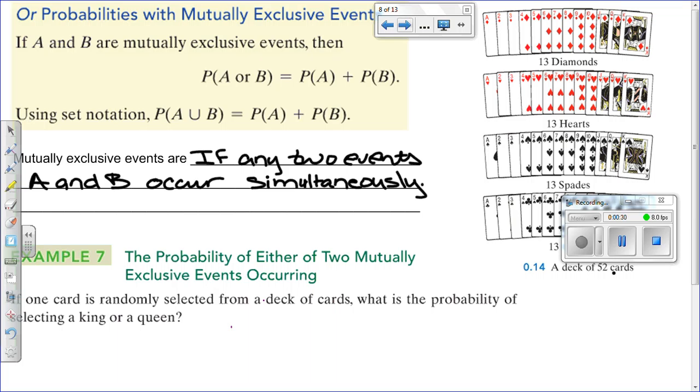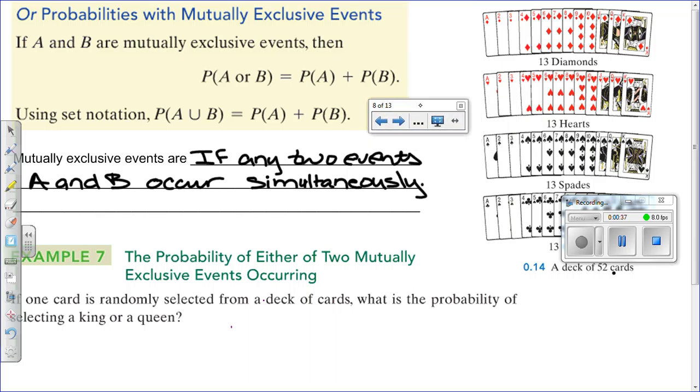Now let's move on to the next one, and this one talks about when probabilities could happen, one or the other. And so right here we're going to refer to this as mutually exclusive events. What that means is that one event does not depend on the other.